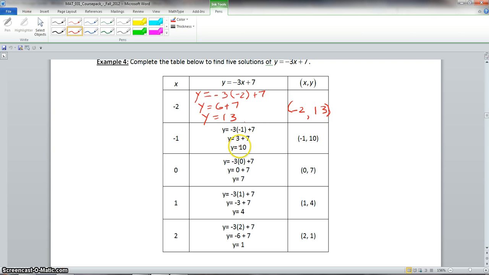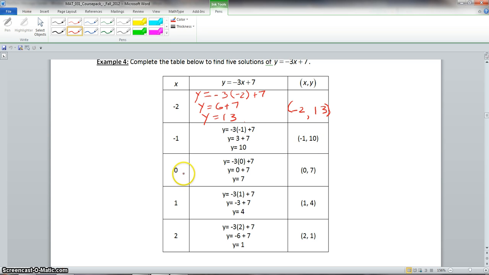Now we come down to the second equation. Here we're going to take the same equation, but we're going to substitute in negative 1 for x. So we have y equals negative 3 times negative 1 plus 7. Negative 3 times negative 1 is positive 3, plus 7 is 10. So our ordered pair is negative 1, 10.